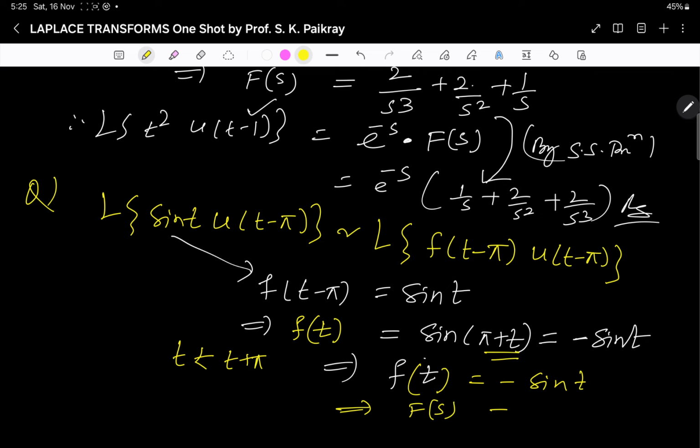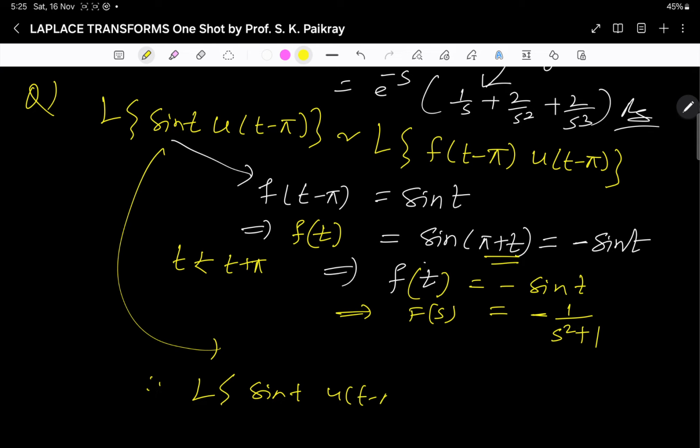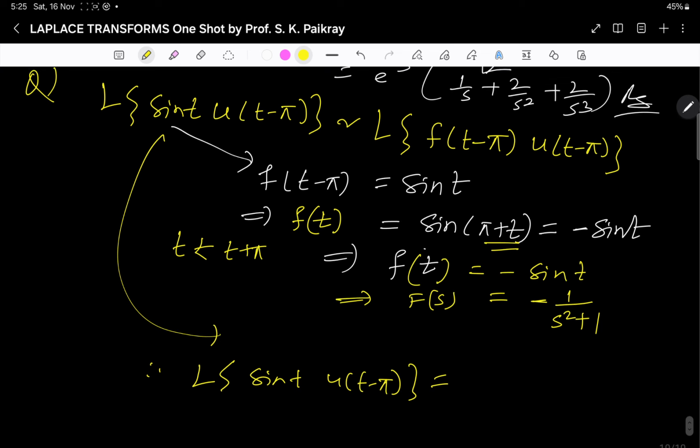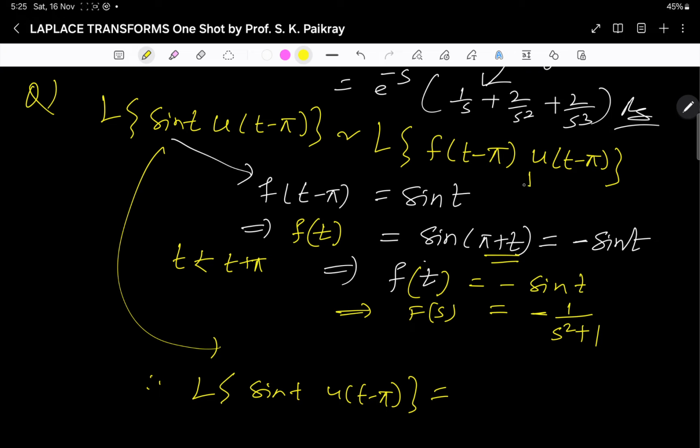F(s) is minus of 1 by s square plus 1, where omega is 1. So what is the answer then? Therefore by the second shifting theorem, L of sin t u(t minus pi) is my f(t minus pi). Just a minute. So what is the answer then?